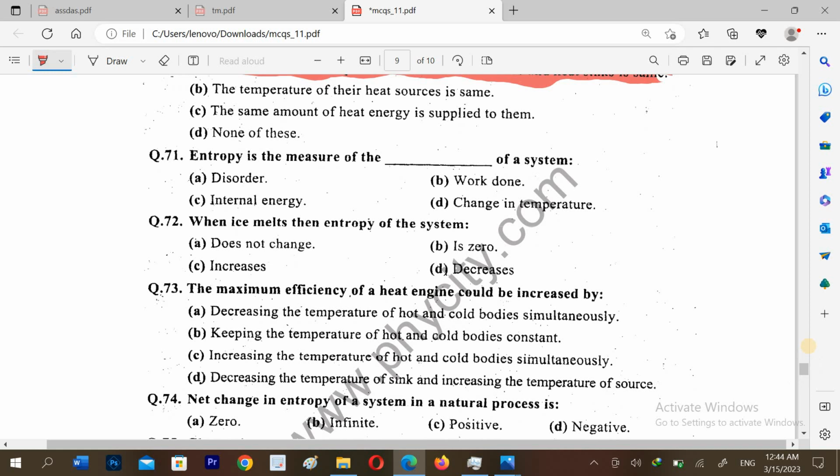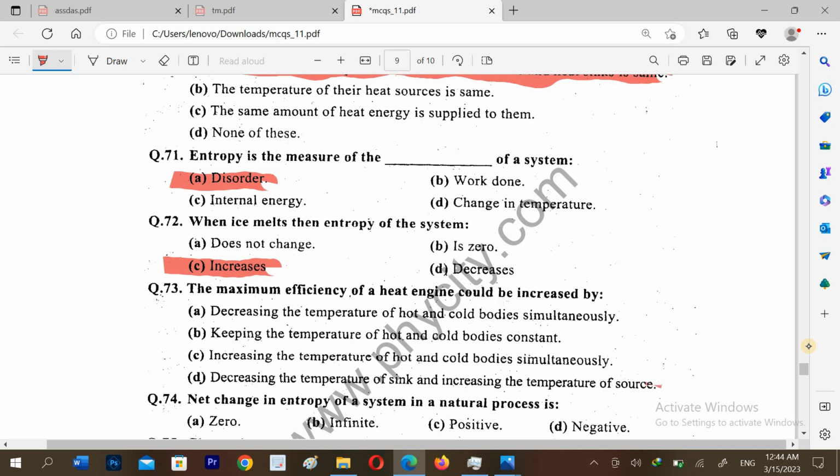The entropy is the measure of the dash of a system. A. Disorder. When ice melts, then entropy of the system increases. The maximum efficiency of a heat engine could be increased by... D. Decreasing the temperature of sink, increasing the temperature of source.